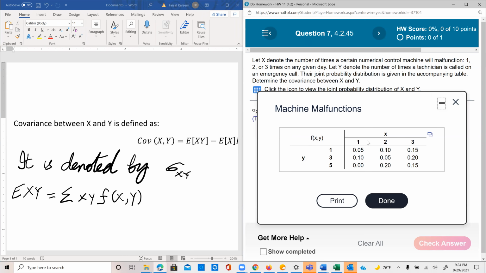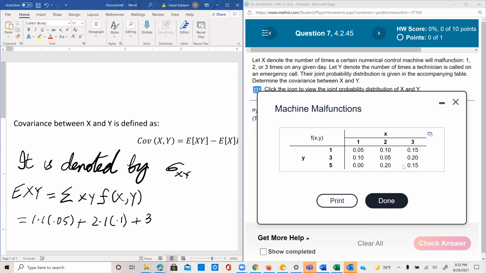So x is going 1, 2, 3, y is going 1, 2, 3. So it would be when x is 1 and y is 1. So it'd be 1 times 1 times f of 1, 1, so 0.05. Plus then x is 2 and y is 1, so 2 times 1, and f of 2, 1 is 0.1.